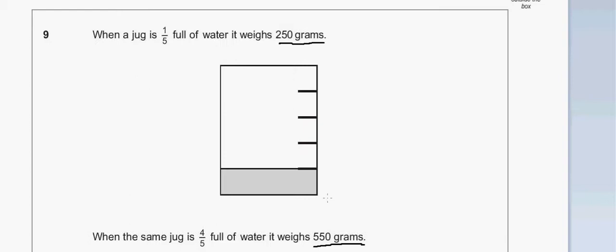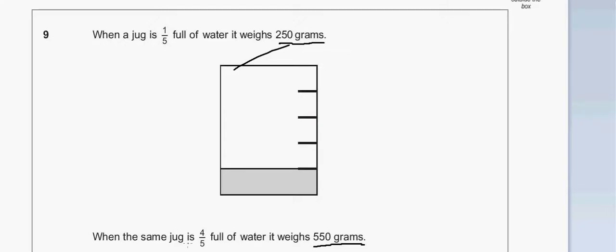Well, if when it's 1/5 full of water it weighs 250 grams, so that's the weight of the jug plus the 1/5 of water.